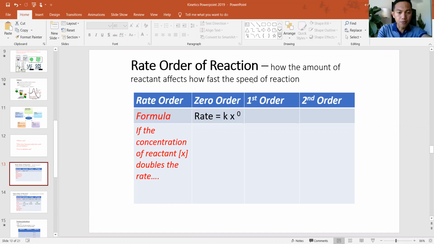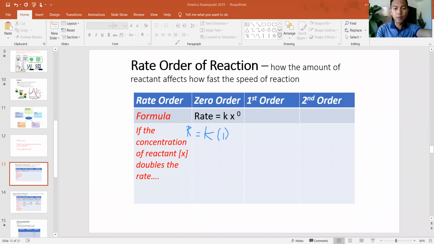So I'm going to use some numbers here. R is our rate, K is again our constant, and let's say our X is 1.